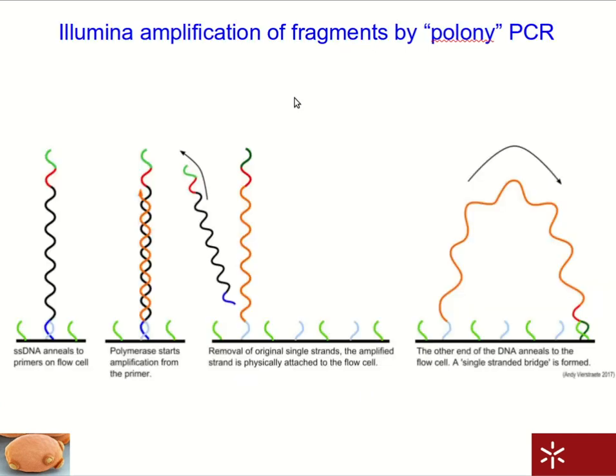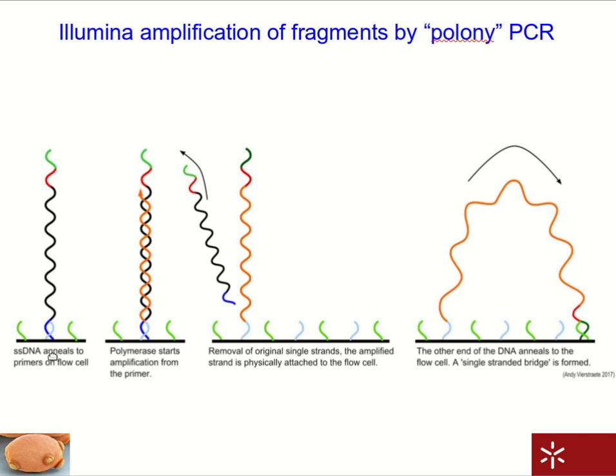If we look at the technology used by the Illumina sequencing protocol, we can see that it's quite similar. One main difference is that instead of beads, we have a surface. Usually this is a glass surface that has oligonucleotides sticking up from the surface. Another difference is that instead of just one oligonucleotide on the surface of the glass, we have two.